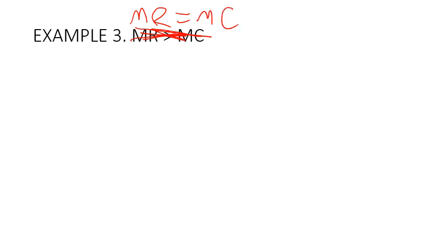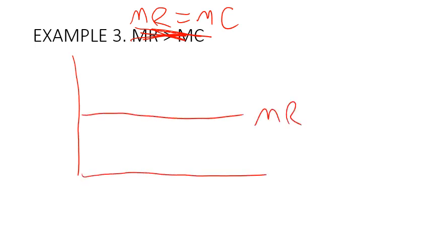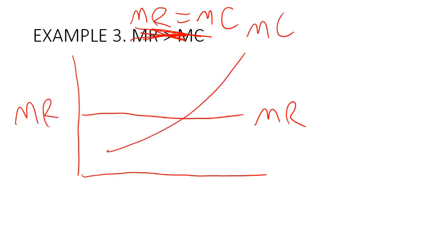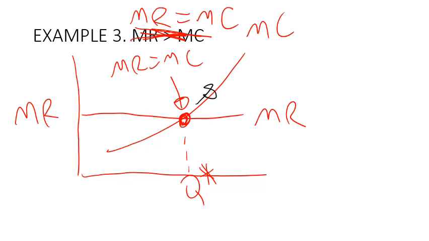Well, that should not be too difficult, right? MR, MC, MR is equal to MC. We are producing at Q asterisk. We are not overproducing. We are not underproducing.